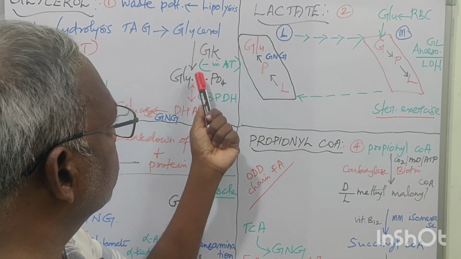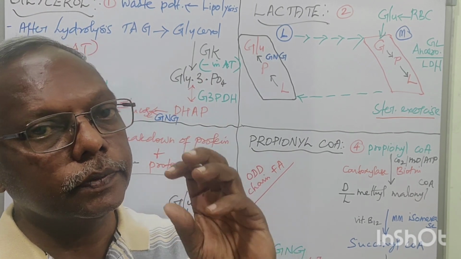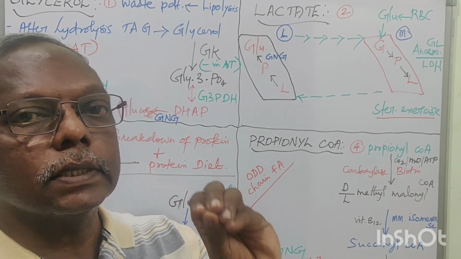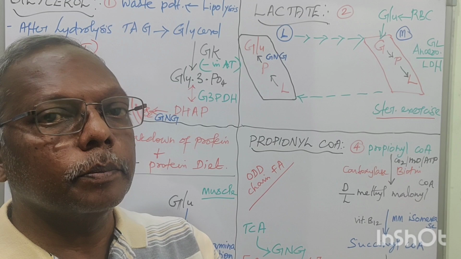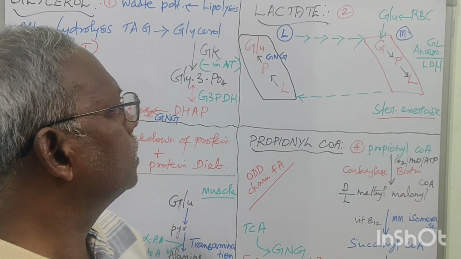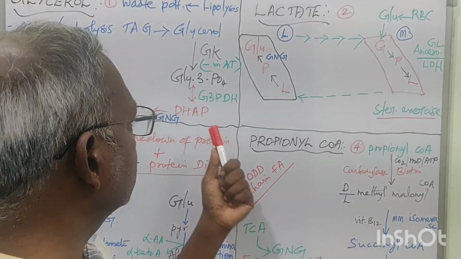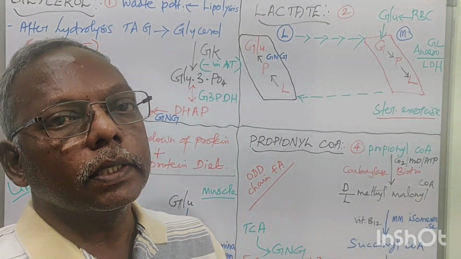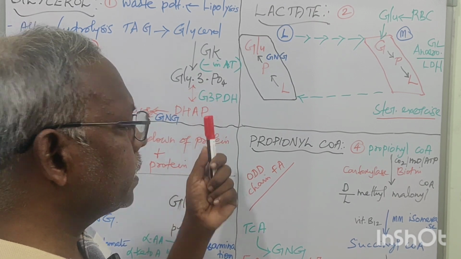This glycerol is converted into glycerol 3-phosphate with the help of glycerol kinase. This is a very important MCQ point, because glycerol kinase is not present in adipose tissue. It is present in liver and kidney only. This glycerol 3-phosphate is again converted into dihydroxyacetone phosphate, as we already discussed in glycolysis.